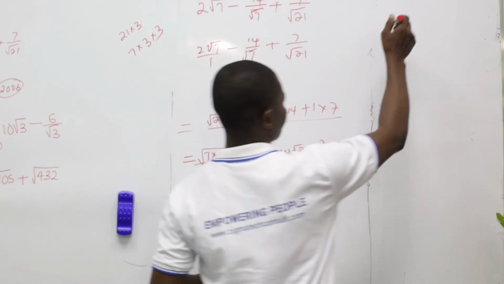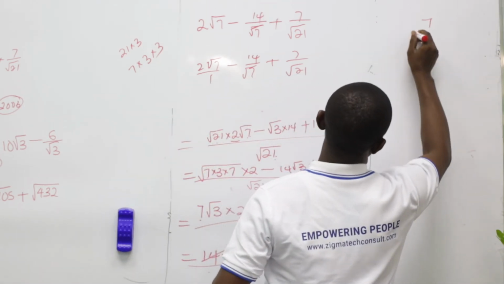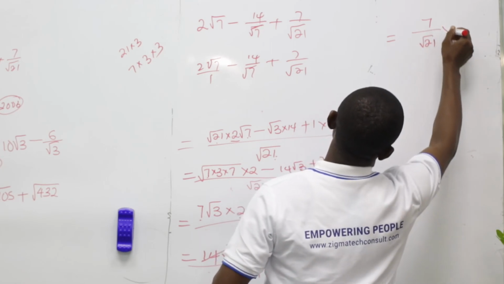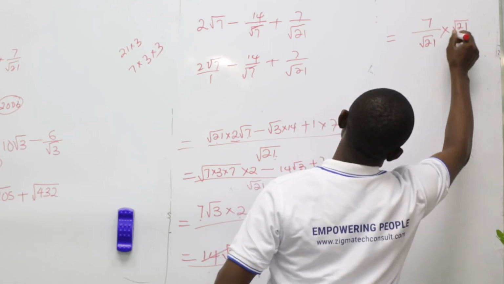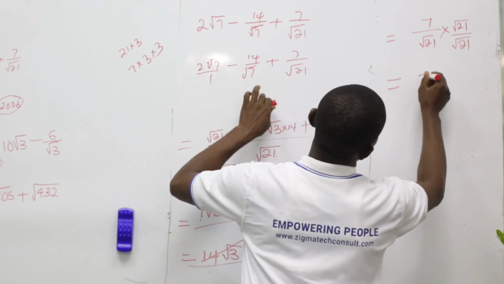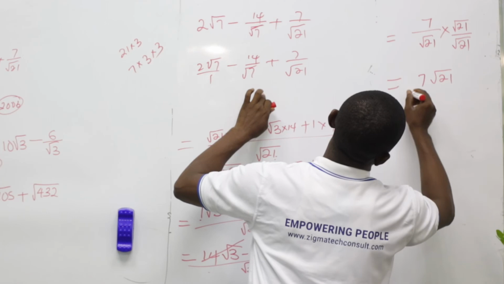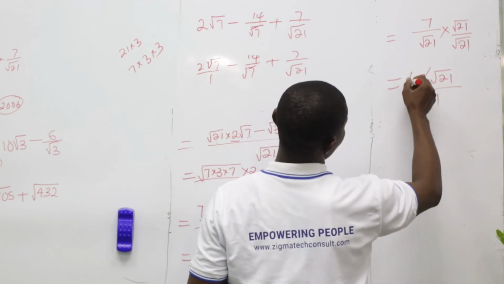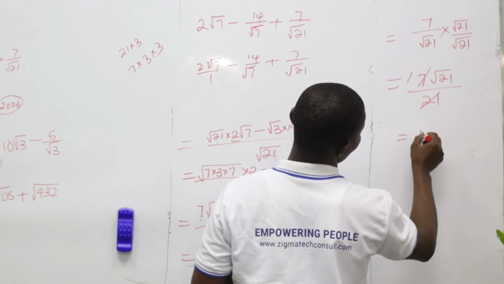So what is remaining is what? 7 all over root 21. You can always rationalize when you have square roots at your denominator. So 7 root 21 all over who? 21. 7 here, 1. 7 here, 3. To give us what?